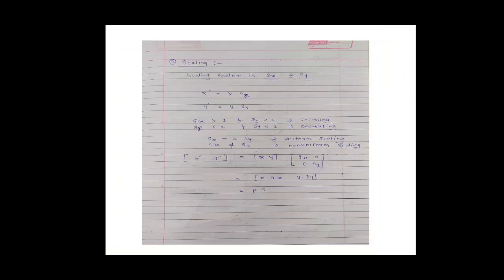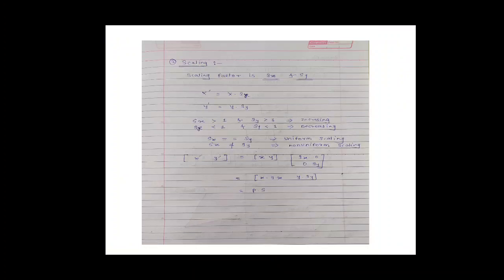So x dash equals x into sx and y dash equals y into sy. If sx is greater than 1 and sy is greater than 1, then the object is increasing. If sx is less than 1 and sy is less than 1, then the object is decreasing.